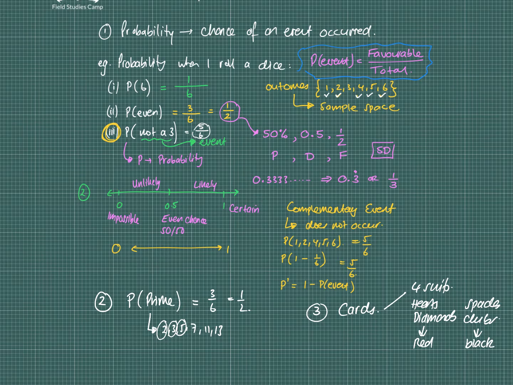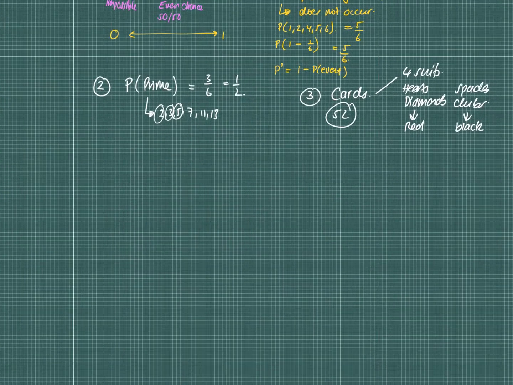So we might be asked, first of all, how many suits are there? How many cards are in each suit? Well, remember, there are 52 cards in a normal deck, excluding the jokers. So that means there are 13 cards in each suit, which means, of course, there are 26 red and 26 black.